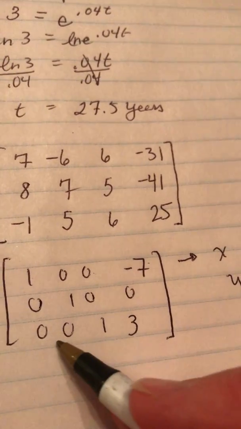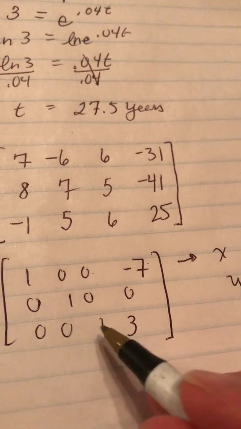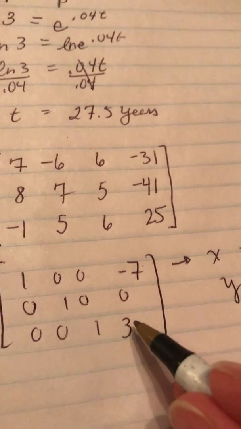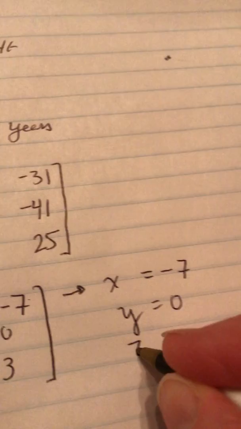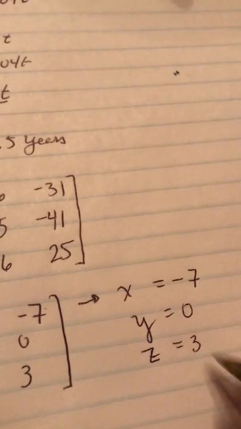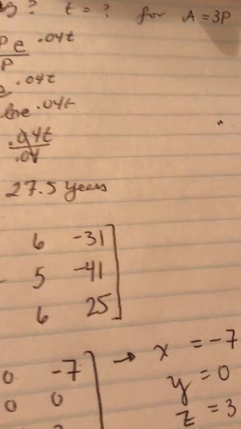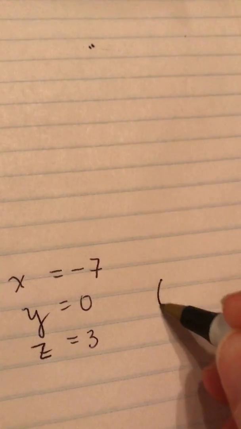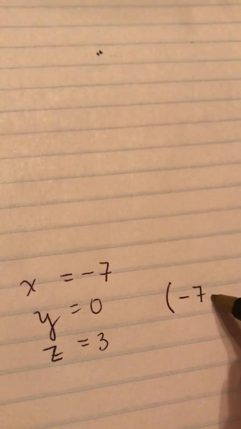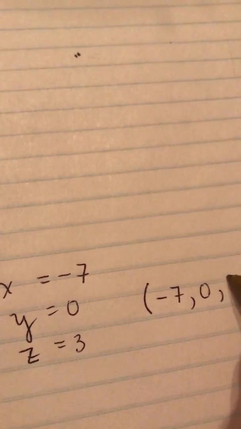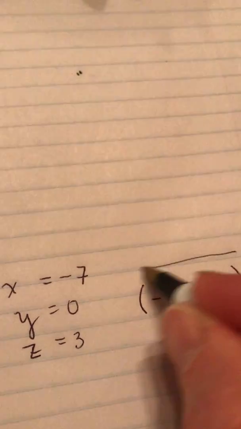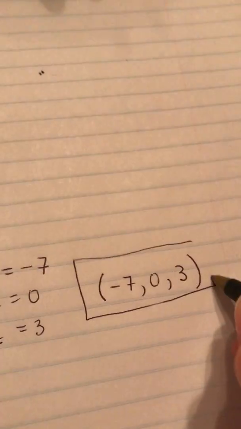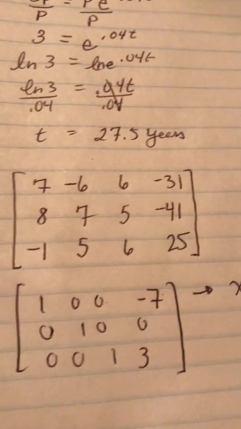And finally, the third equation is 0x plus 0y plus 1z equals 3. And so z equals 3. And there's your solution for x, y, and z, which we write as an ordered triple. Negative 7, 0, 3, which is a point in 3 space, where those 3 planes intersect.